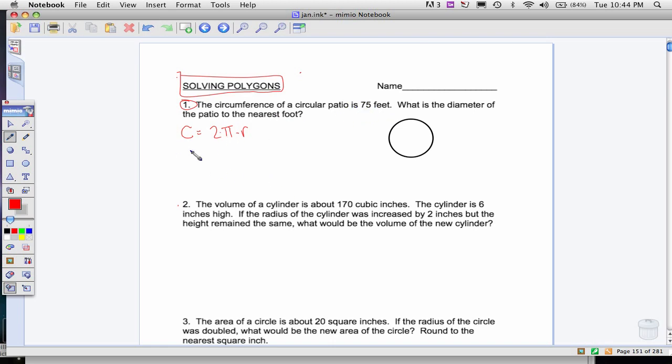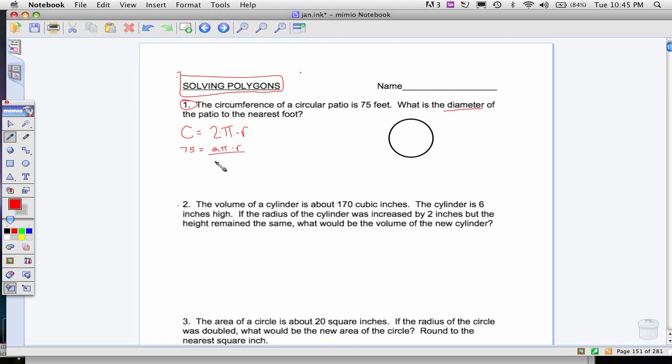Now, it says the circumference of a circular patio is 75 feet. That actually gives us C, which is 75, but I don't know what r is. It's asking for the diameter, so we'll need to know that later, but r and the diameter are related. We just won't worry about that yet. Now the 2, the pi, and the r are all attached by multiplication.